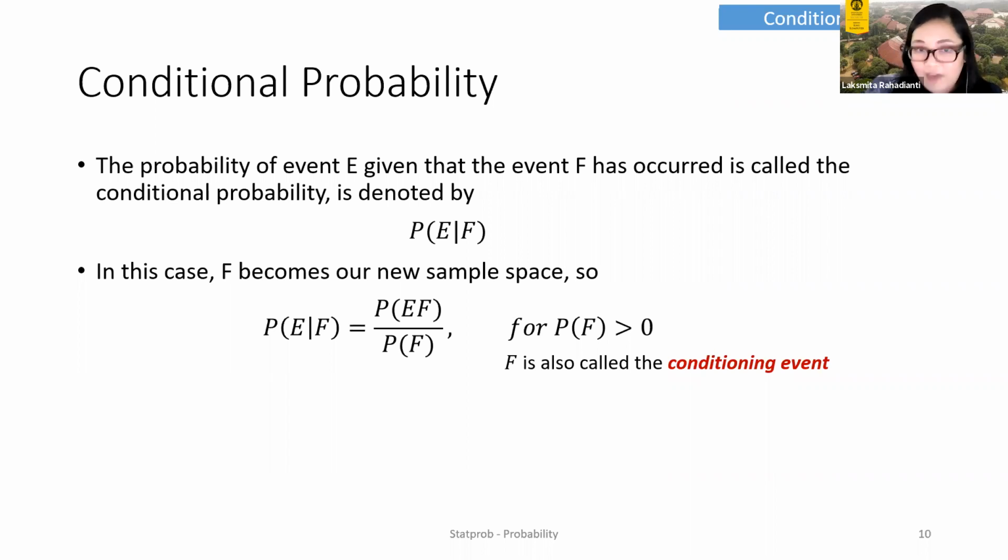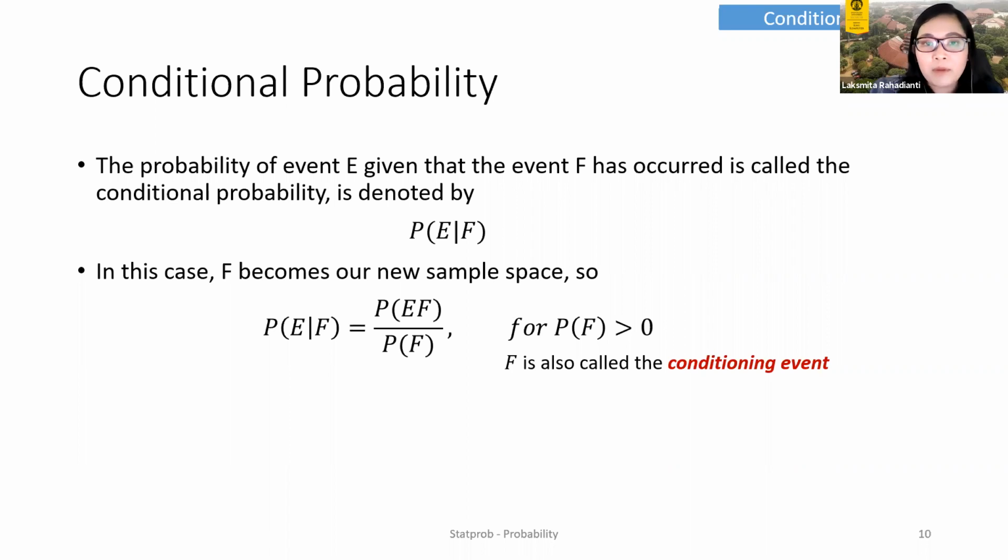So F becomes our new sample space, because all of the events that could happen must involve F, since we limit our E events only to those that happen with F. So our new sample space becomes F.